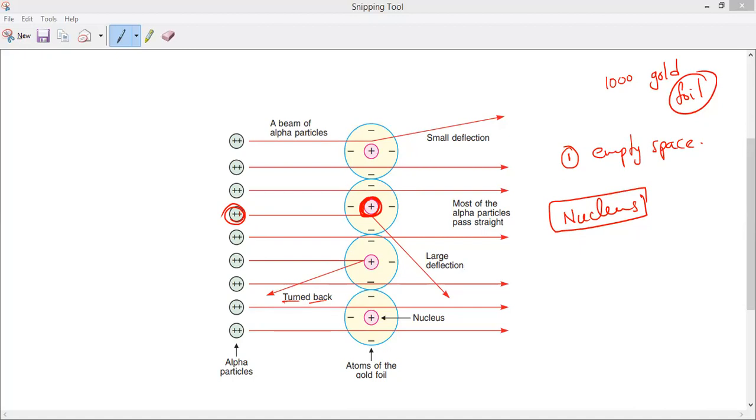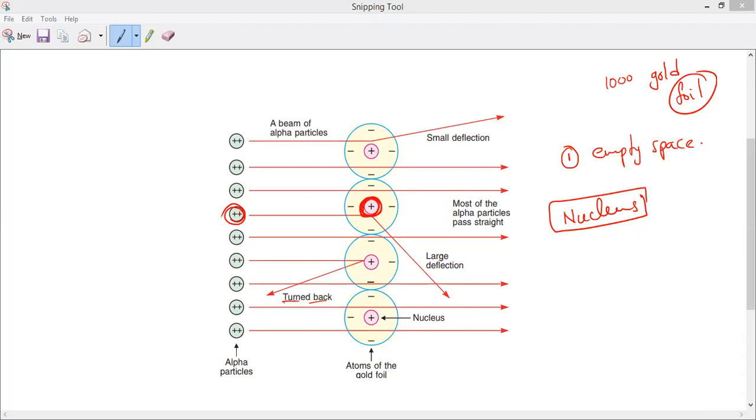Third, very few alpha particles rebound, turning back on their path. That is what he observed from the gold foil experiment, the Rutherford alpha particle experiment.